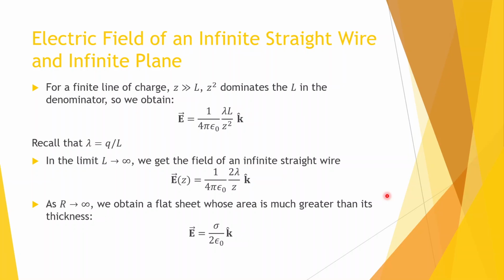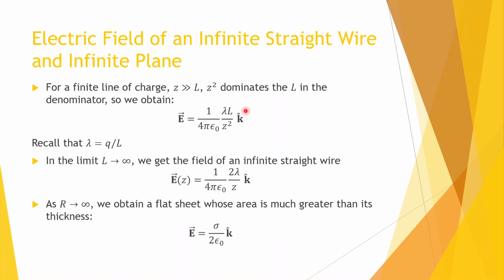All right, so let's take some simplified cases. So first, let's look at a finite line of charge where z, the z component, is much greater than L. So whatever L is, z squared dominates the L in the denominator. So we obtain this equation here.